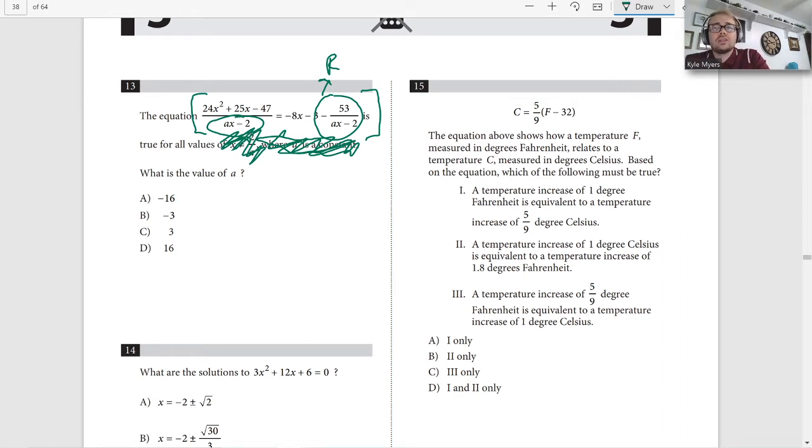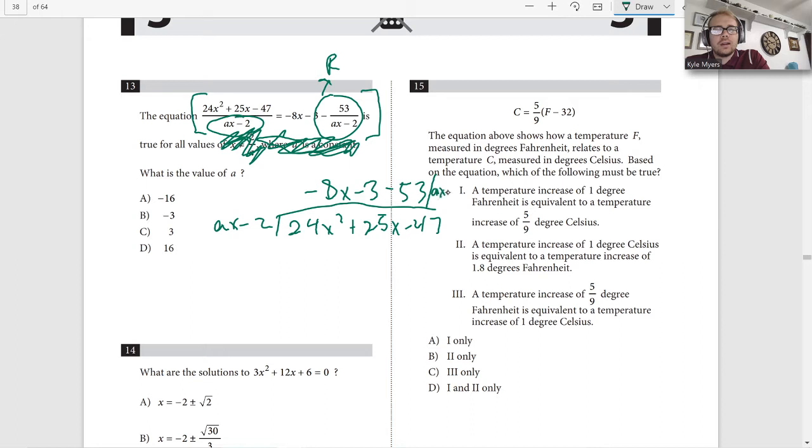When you do long division, basically what you're saying is, okay, 24x squared plus 25x minus 47. Top number always goes in the box, bottom number outside. And I'm supposed to multiply something by ax minus 2 to make the 24x squared cancel. Well, we already know what the answer is. We know it's this, minus 53 over ax minus 2.